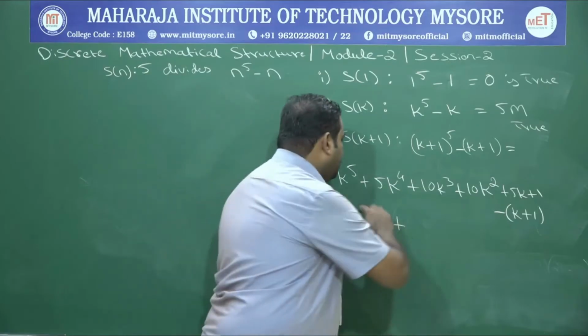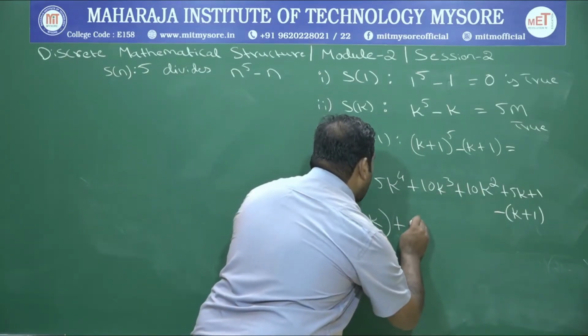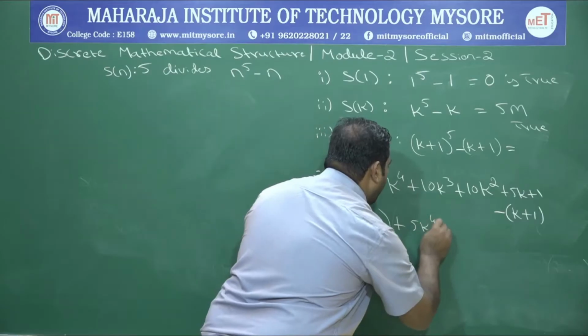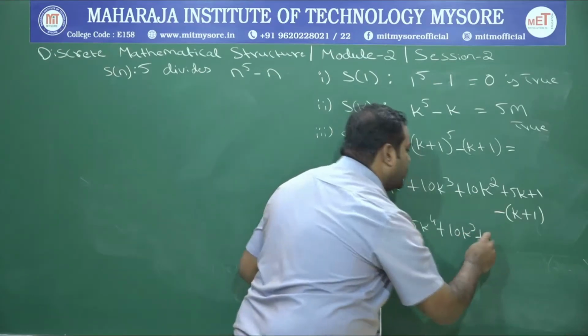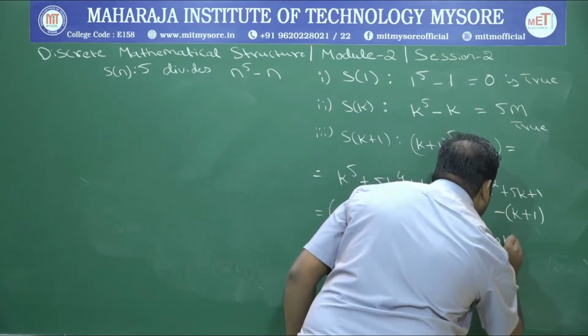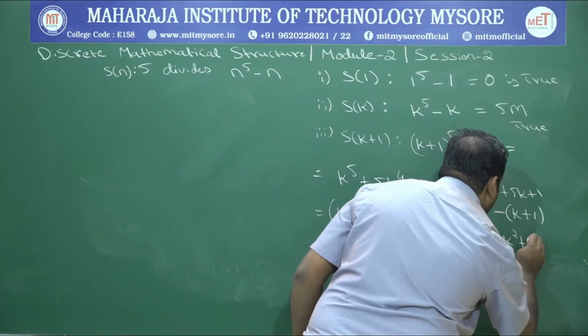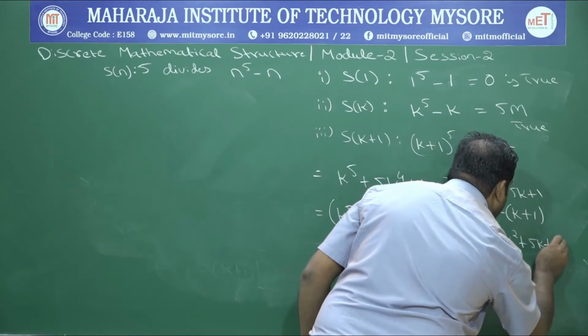Along with this, the remaining factor I am going to have is 5k to the power of 4 plus 10k to the power of 3 plus 10k squared plus 5k plus 2.